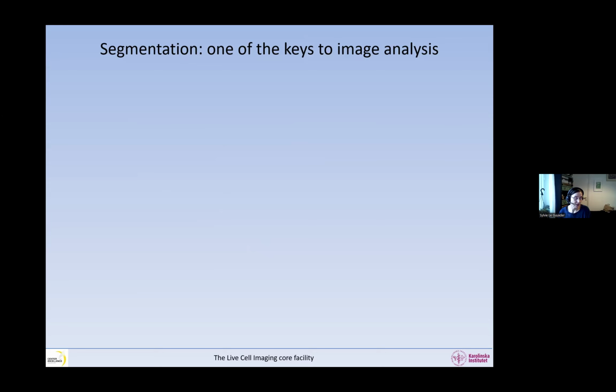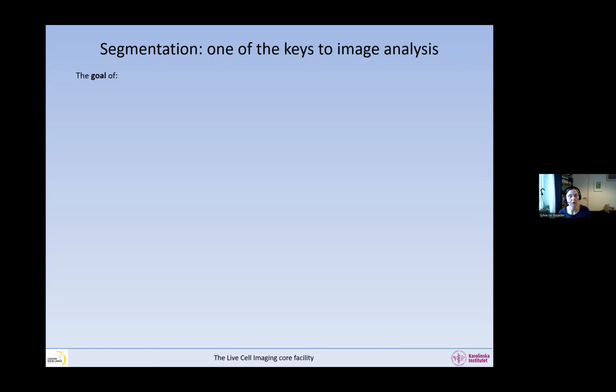So segmentation is one of the keys to image analysis. It's not the only key, because some image analysis pipelines do not use segmentation, but it is one of the very important keys.